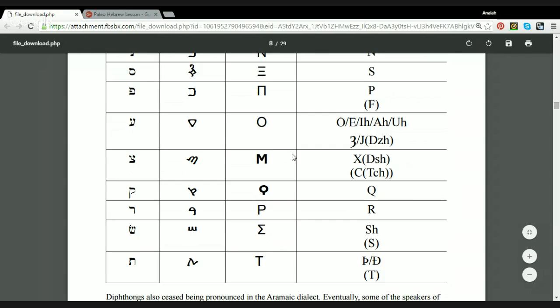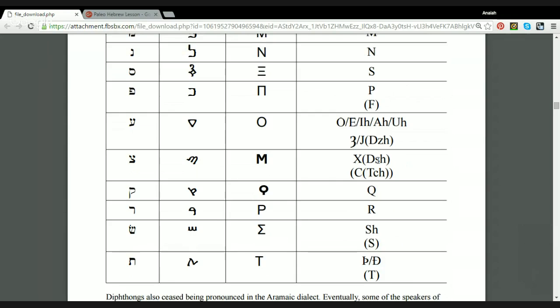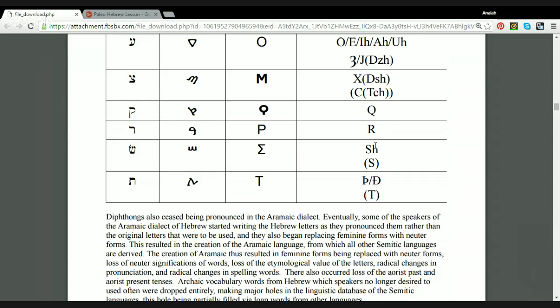And then right here, for Tsade, what you've heard, what you said, is TS. I say they do it kind of like DSH and TCH. So like Z or J. It's hard to say it. So TCH, ch, and then J. It's hard to say.